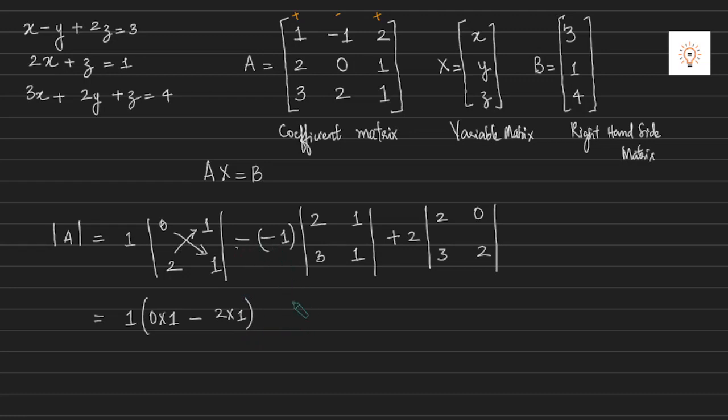Then minus of minus becomes plus 1 into (2 times 1 minus 3 times 1). Then a plus 2 there, then I have 2 times (2 times 2 minus 3 times 0).